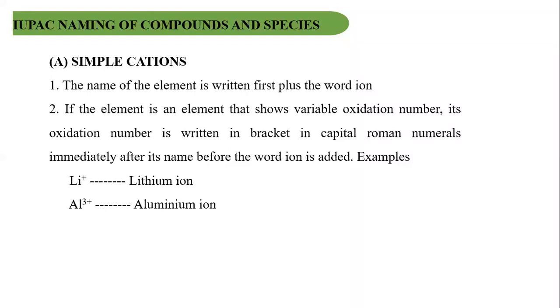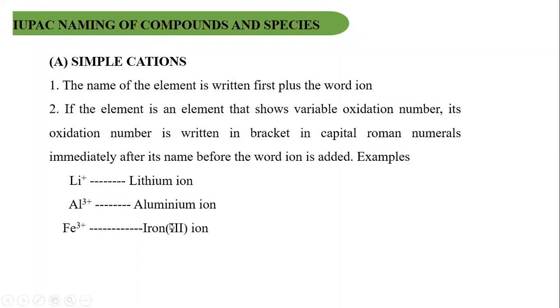In other compounds, this changes to +2. So these elements, copper, iron, and others, have variable oxidation states, whose oxidation numbers are not fixed. It keeps changing from compound to compound. If you are giving their IUPAC names as simple cations, when you write the name of the element, you need to indicate the particular oxidation number that it has in brackets, in capital Roman numerals. You leave space before you add the word ion.